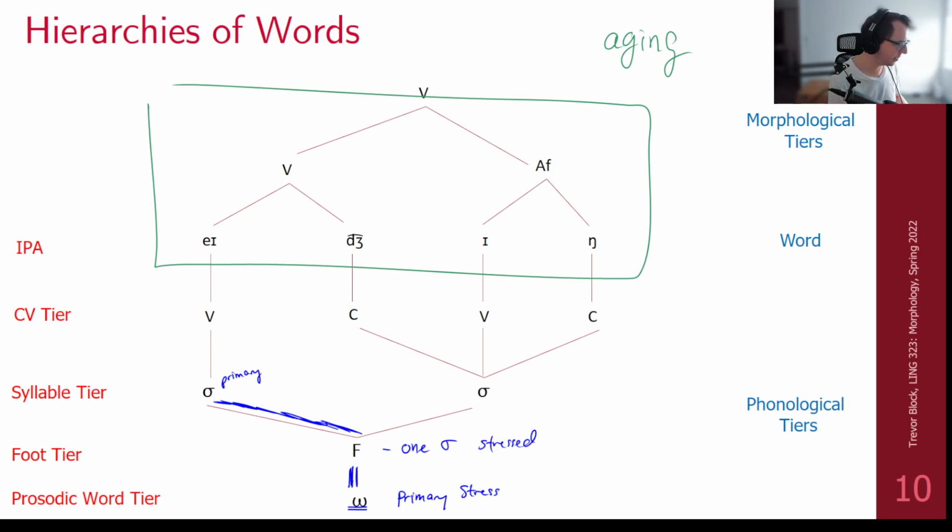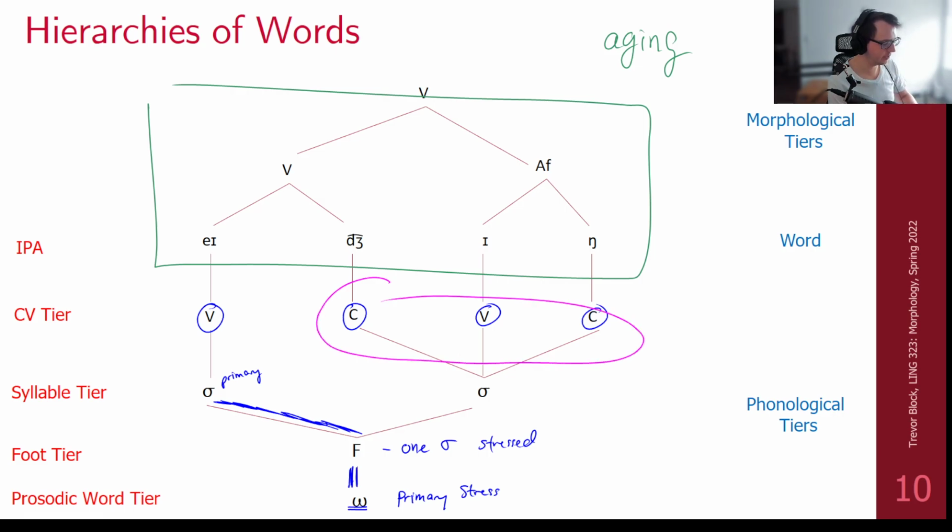Okay, once we get from the syllable tier, we get into the CV tier. This is where all sounds are represented by Cs and Vs, either consonants or vowels. So A is a vowel, and then J is a consonant, I is a vowel, and N is a consonant. When we take a look at syllable formation compared to word formation, Jing is its own syllable, but this J in Jing is part of the word age.